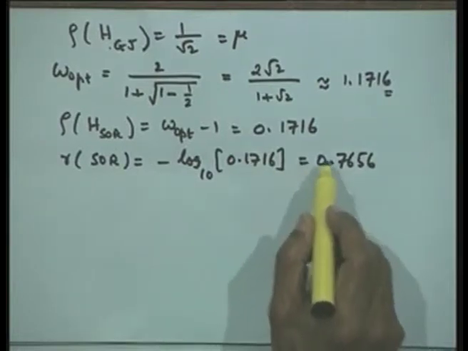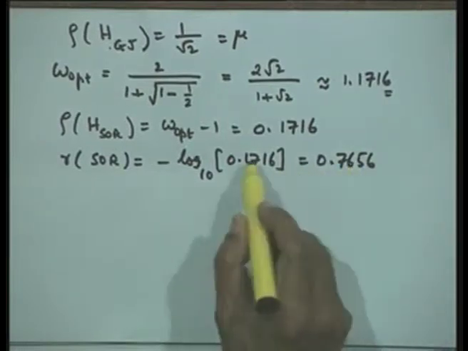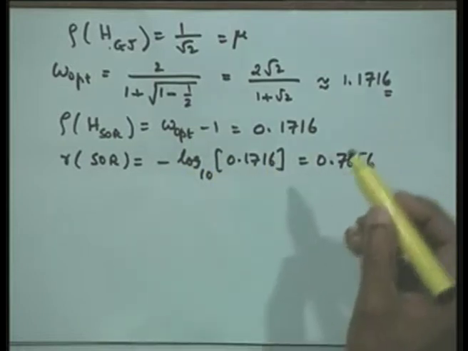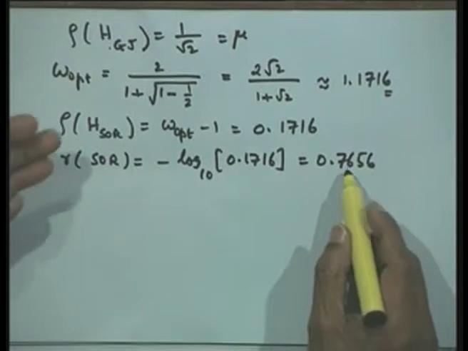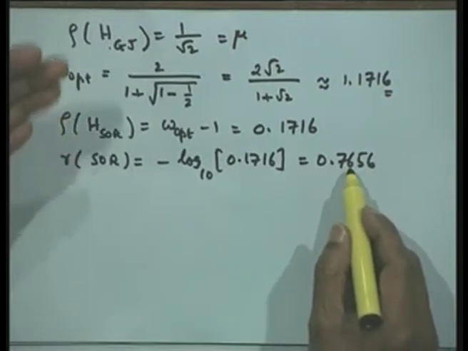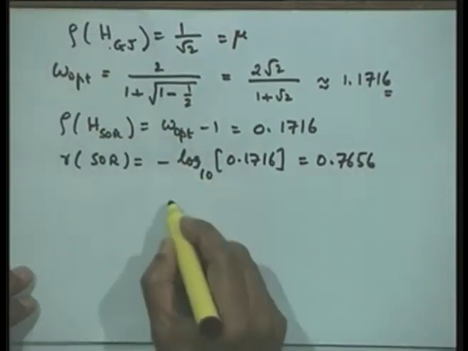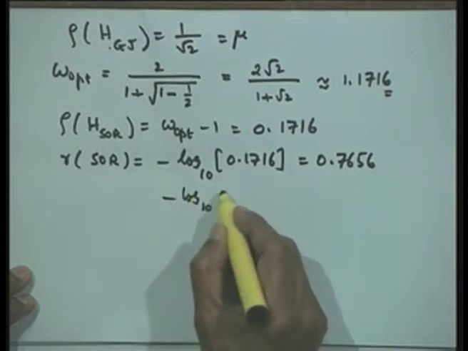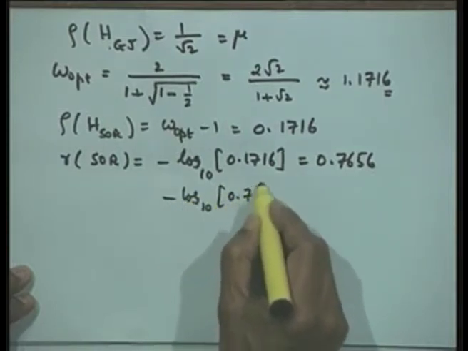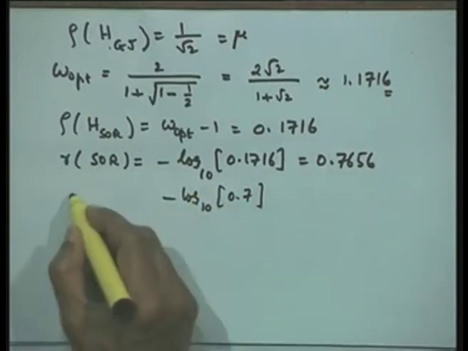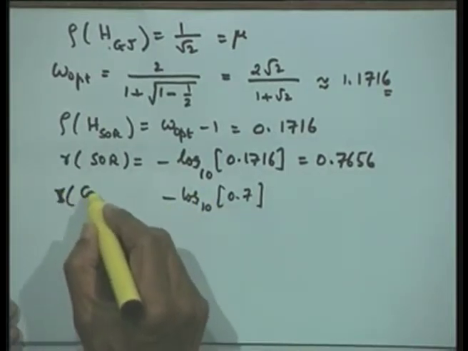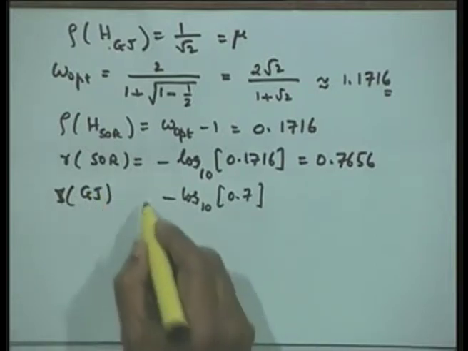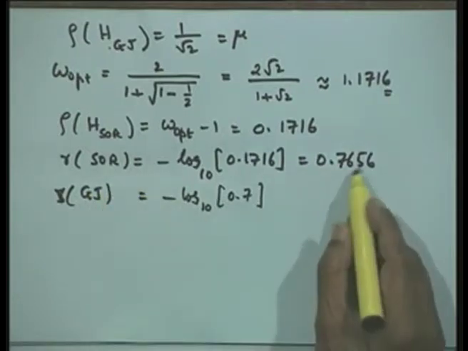This gives us the rate of convergence 0.7656. The rate of convergence of Gauss-Jacobi is much lower, because with minus log 10 of approximately 0.7 we get a much smaller quantity than this.